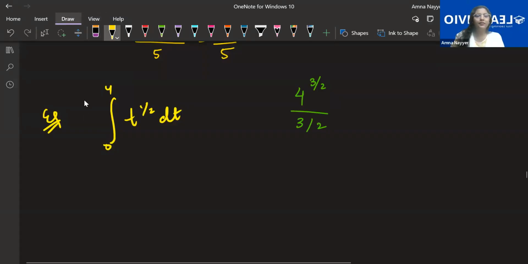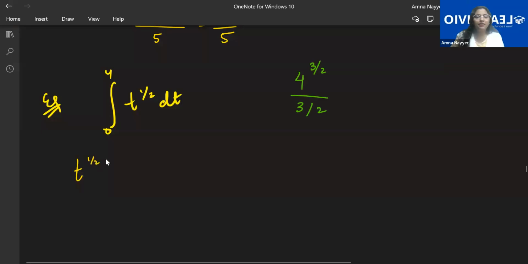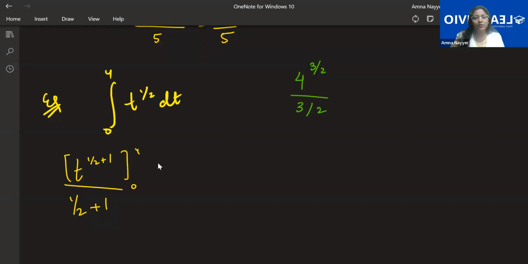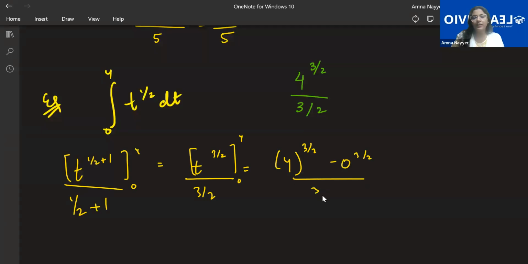See, we'll have t to the power half plus 1 divided by half plus 1 from 0 to 4. So this is right. t to the power 3 by 2 will come. Here 3 by 2 will come. And limits will be from 0 to 4. Correct? 4 to the power 3 by 2 minus 0 to the power 3 by 2, divided by 3 by 2.